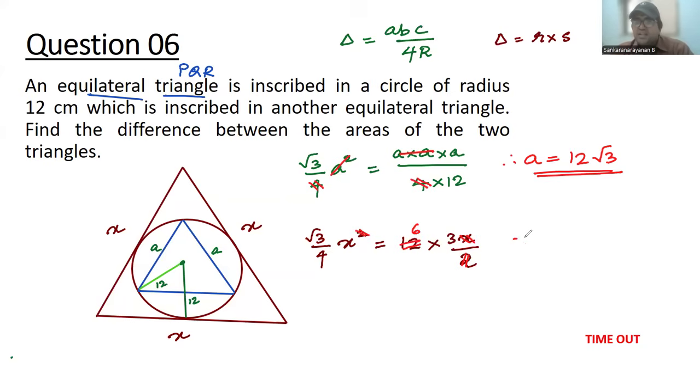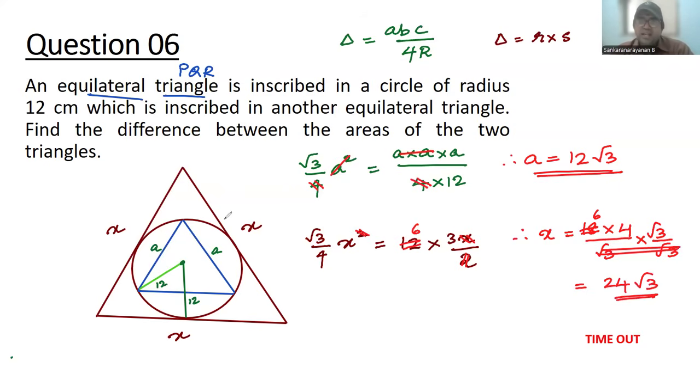Therefore I can get the value of x here. 18 into 4 divided by root 3 it will come. I am rationalizing it, root 3 by root 3. I know that this will come here as 3. So 6 threes are 18, and now this value will come here as 24. 6 fours are 24. 24 root 3 it will come.